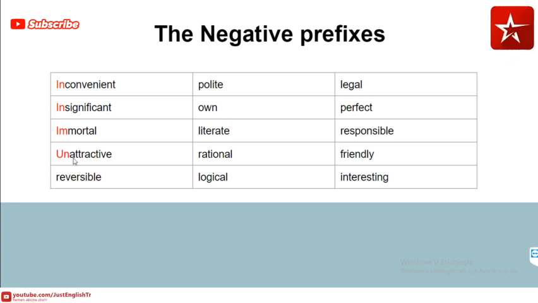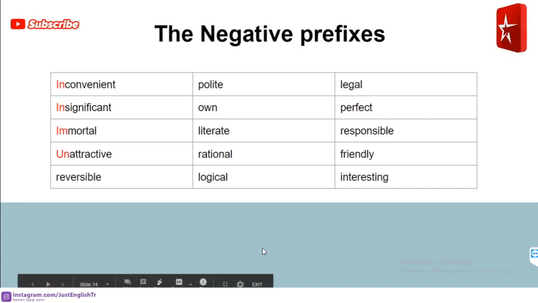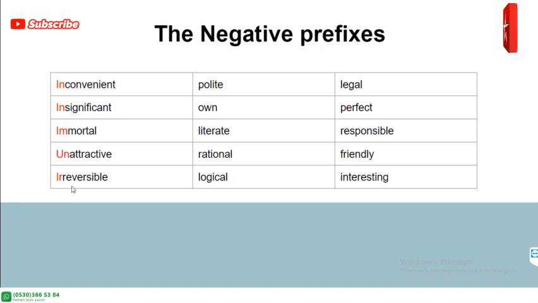We do have another prefix here, actually, a, which means to or towards. In the next one, we have irreversible, of course, because the word begins with an R. And ible is a suffix that we use to show ability. So we have reversible, something which can be reversed. Irreversible, something which cannot be reversed.